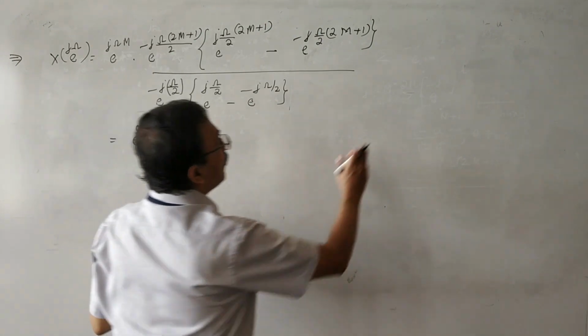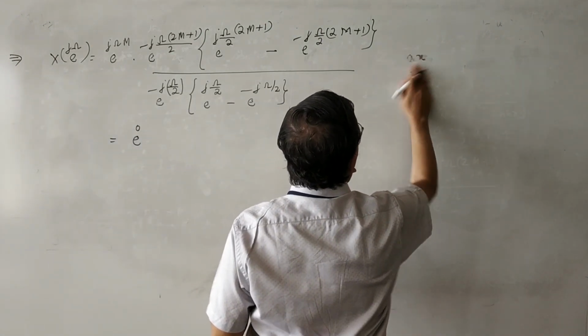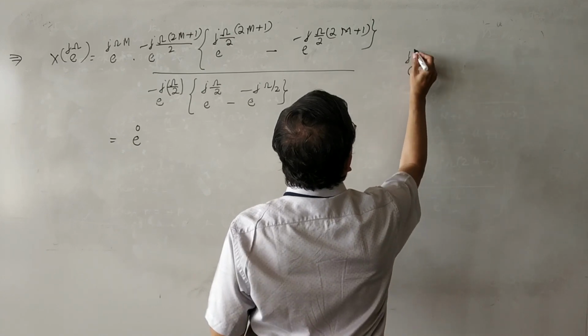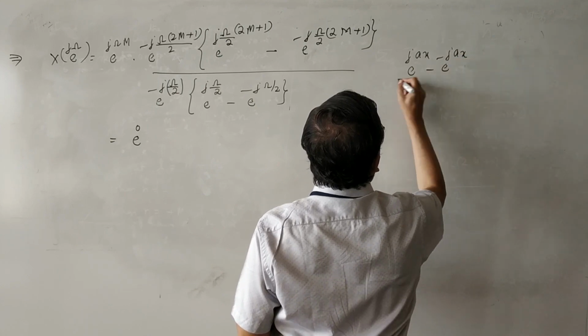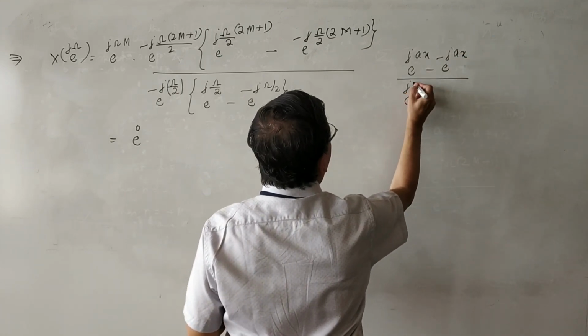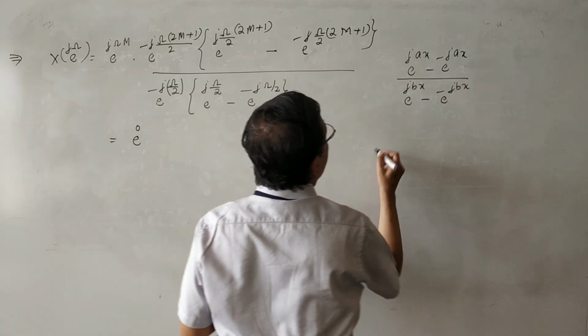What I want to say is, (e to the power j times ax minus e to the power minus j times ax) divided by (e to the power j times bx minus e to the power minus j times bx) is what?